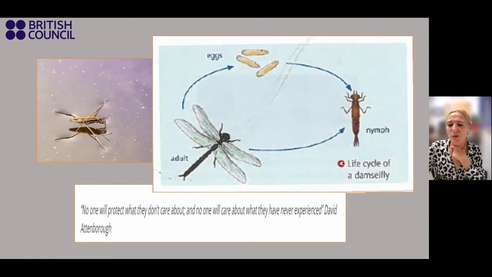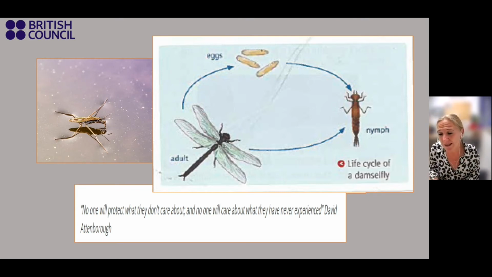Well, imagine that we have in the school grounds, in the school gardens, there's a pond or a puddle or a lake. And on that puddle, in early summer, we get some of these insects. And so we go out and we have a look at it. We discover what this insect is. Now, it just so happens that that insect also appears in our textbook.